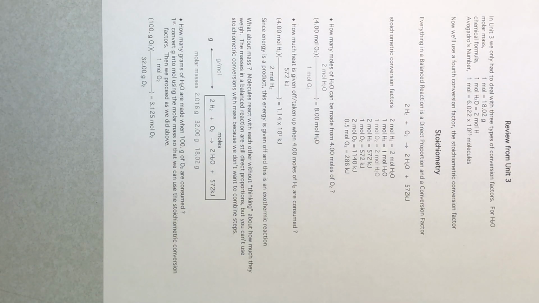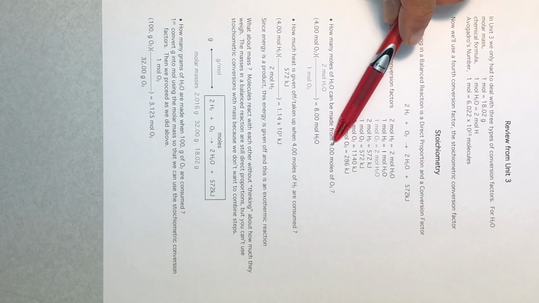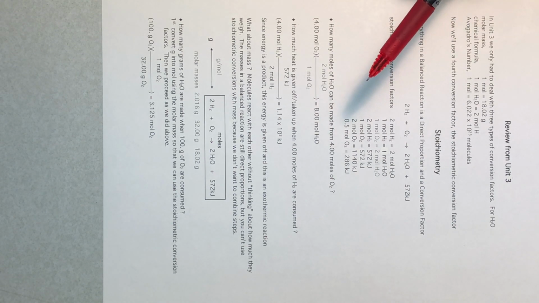So here's a typical problem. How many moles of water can be made from 4 moles of oxygen? Like we've done throughout the entire semester, this is the number that we start with. It has only 1 unit in it. So we've got 4 moles of oxygen, and we know it's a direct proportion, and we want to convert moles of oxygen into moles of water.